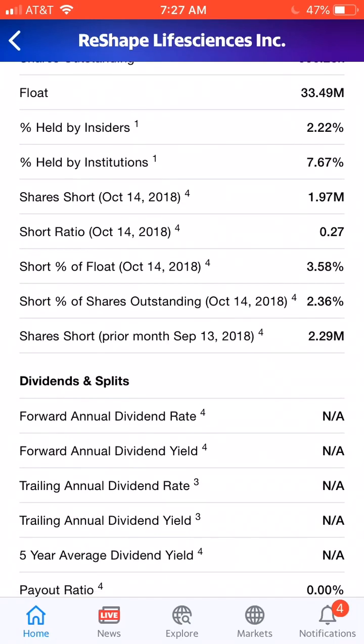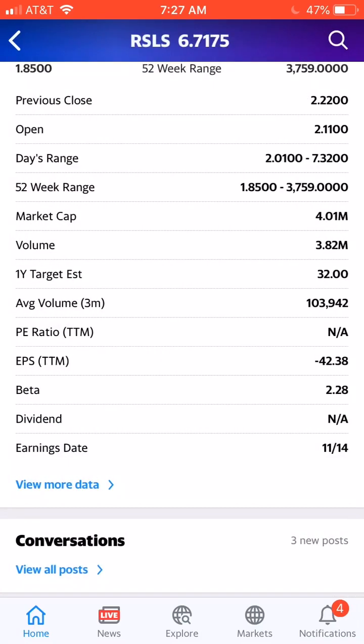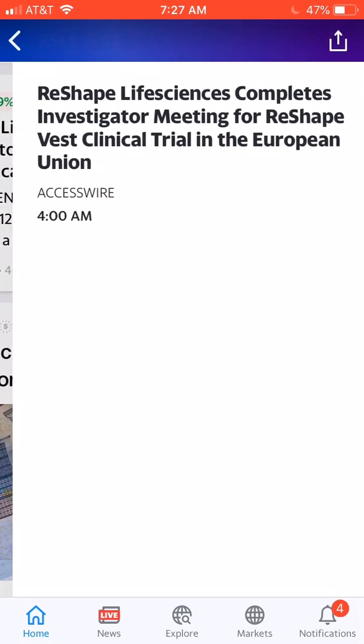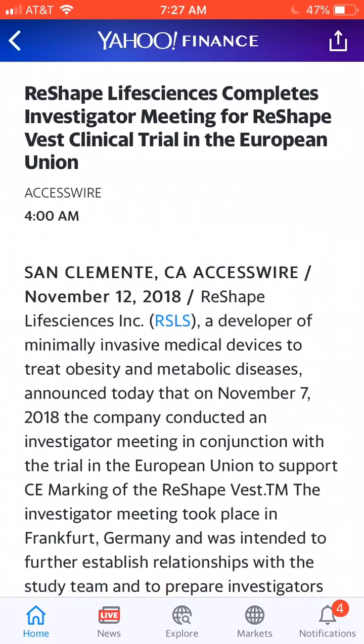The float is 33 million. So let me see if it was considered to be a successful trial result or something. That would be good news for this kind of stock. That's like a biotech stock.